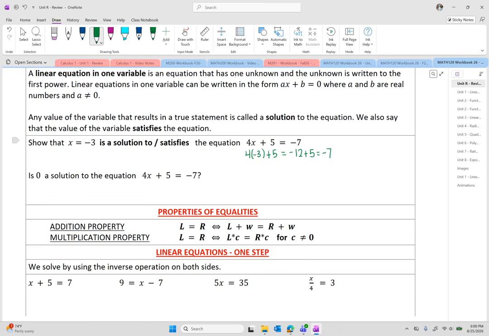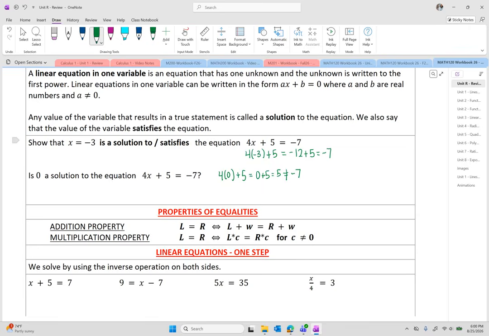However, 0 is not a solution to the equation, because when I plug in 0 for x, I will get 0 plus 5, and 0 plus 5 is 5, which is not equal to -7.